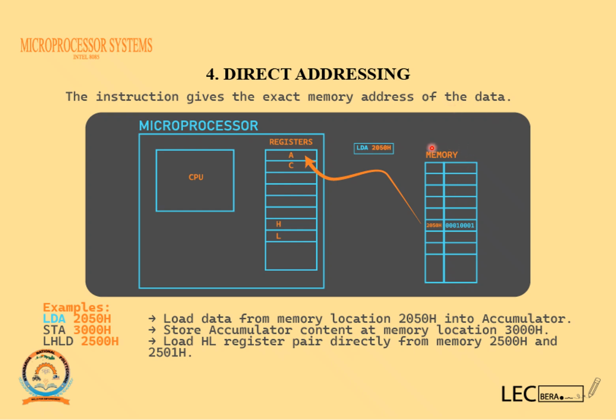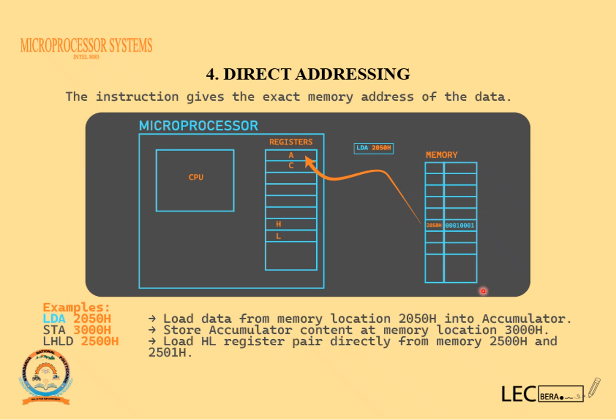For example, here I have an instruction whereby we are loading to the accumulator 2050H. This is a type of instruction. In this instruction, we are going inside memory location 2050H. What are we going to find inside this memory location?